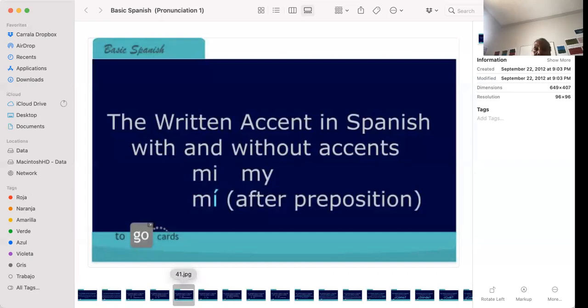Mi is my house, mi casa, my dog, mi perro. But mí, after a preposition, has an accent to distinguish it from mi without a preposition.